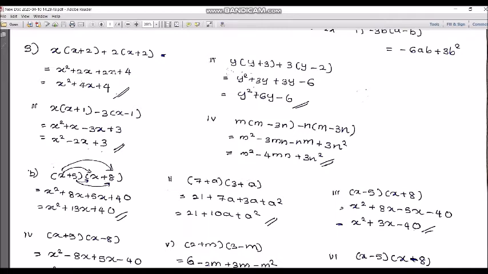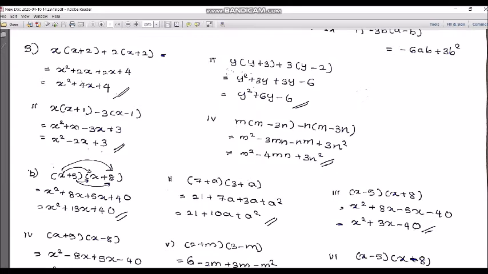We can only add constants, or if we are going to add the quadratic x squared, then we can only add 2x squared, 3x squared, like that. And then in the second question it is also the same.